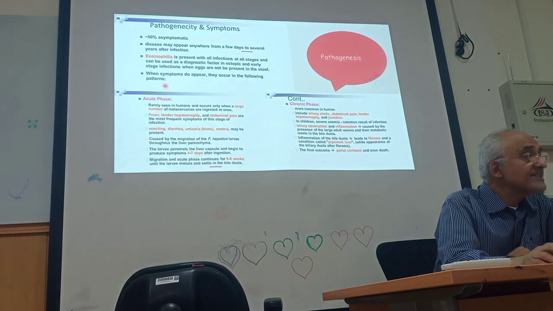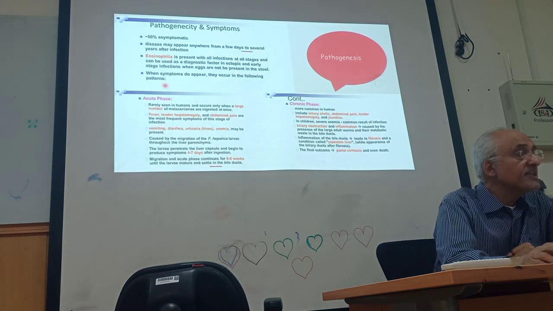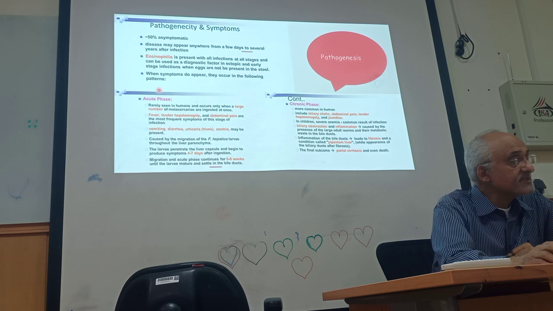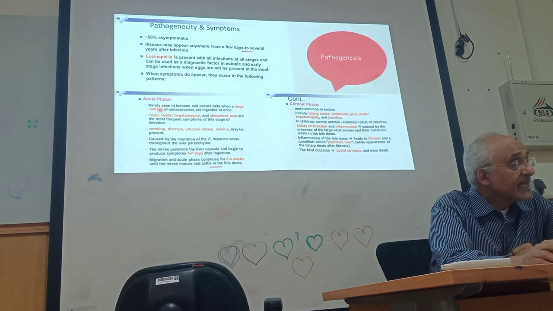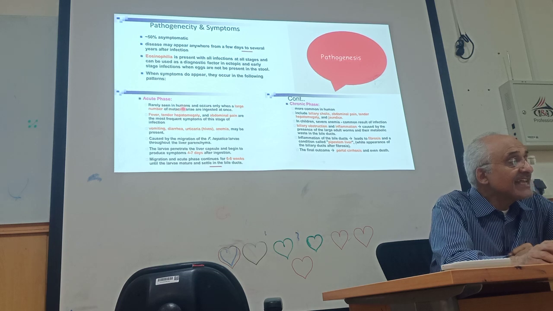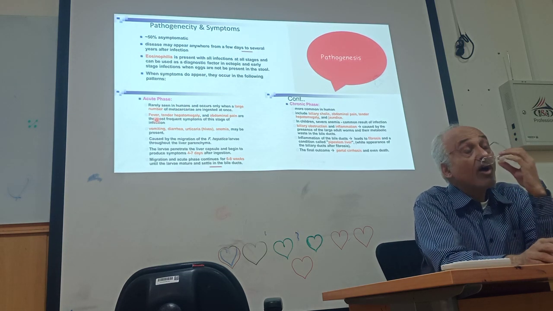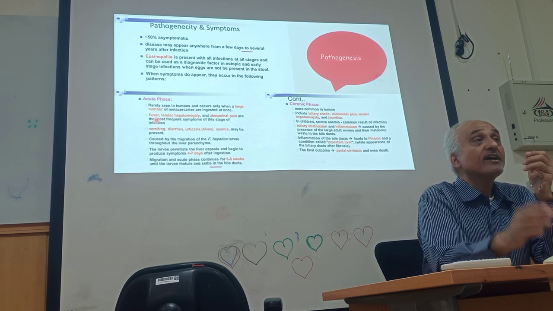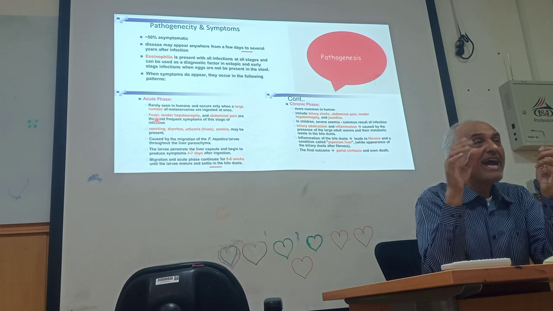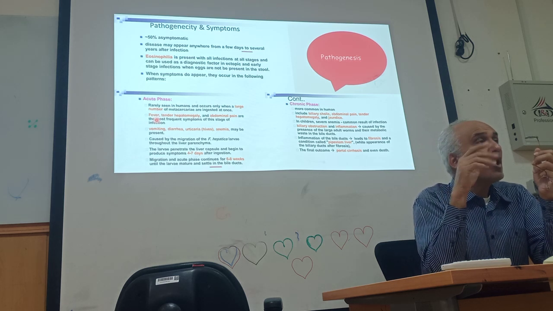Okay, when symptoms do appear, they occur in acute or chronic patterns. Acute disease is rarely seen in humans, because large numbers of metacercaria are ingested by animals: cows, cattle, sheep.